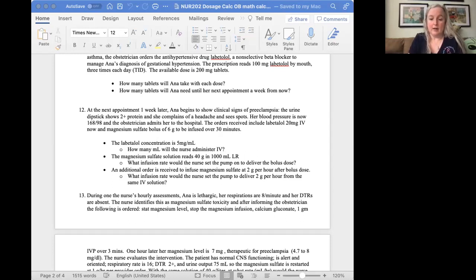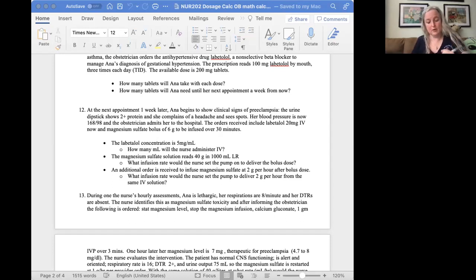The next part says that we're going to give her a magnesium sulfate bolus of 6 grams to be infused over 30 minutes. So the way we're going to do this is we're going to set up our magnesium sulfate this way.